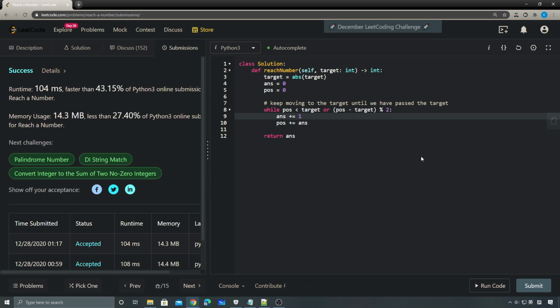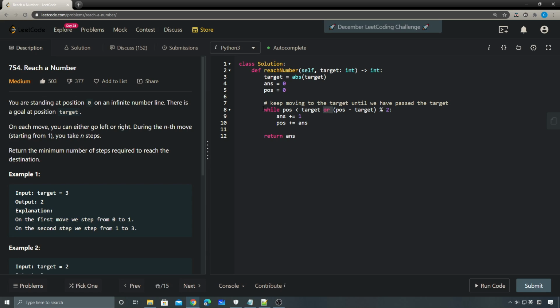This one is a little bit confusing, because I'm combining two steps into one while loop. Maybe I should split them into two. So first I keep moving toward the target until we have passed it. The second while loop is checking whether the delta is even or not.